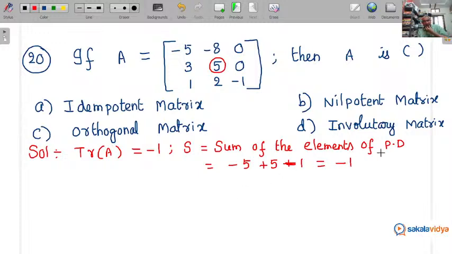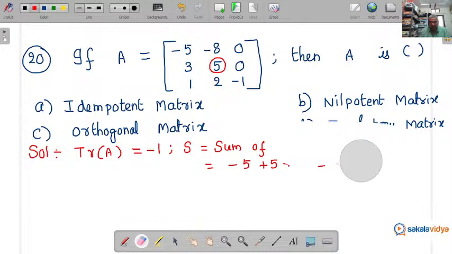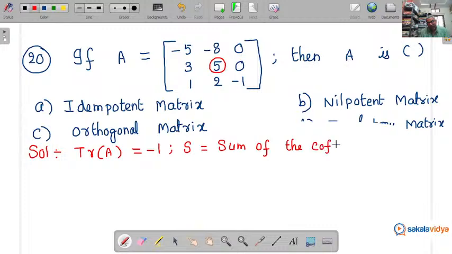Sorry, I will write once again because I have written wrong. This is the sum of the cofactors of the principal diagonal. So that is equal to minus 5, deleting this row, this column, plus 5.